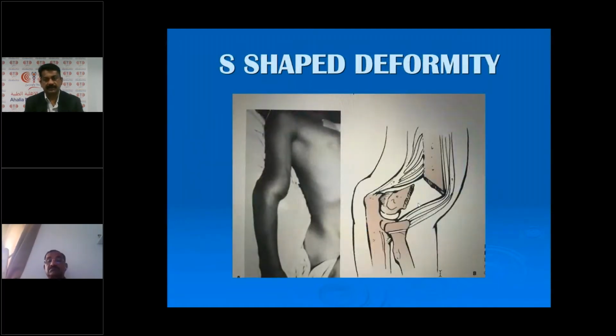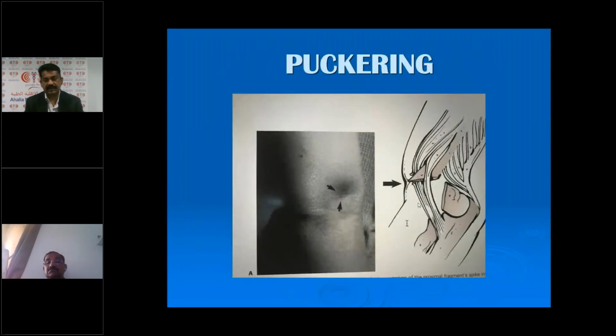The puckering sign is due to the impalement of soft tissues by the proximal metaphyseal fragment. Sometimes it even pierces the brachialis and the brachial artery and injures the nerve also. So one has to be very, very careful in this kind of fractures.